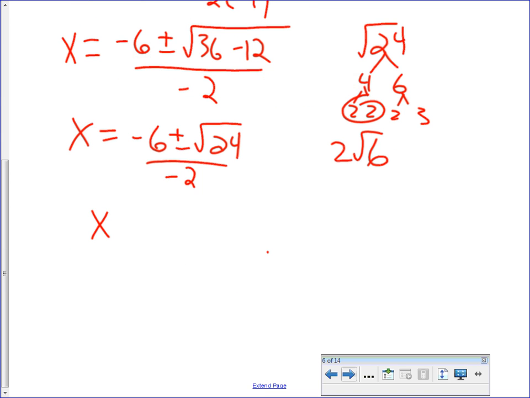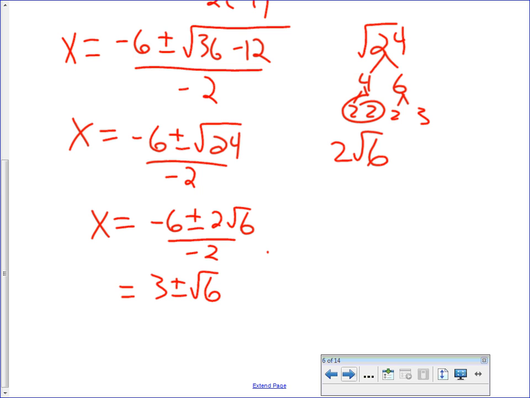So we will get x equals -6 plus or minus 2 times the square root of 6, over -2, or -3 plus or minus, actually let's divide everything through by -2. So that'll just give me 3 plus or minus the square root of 6.